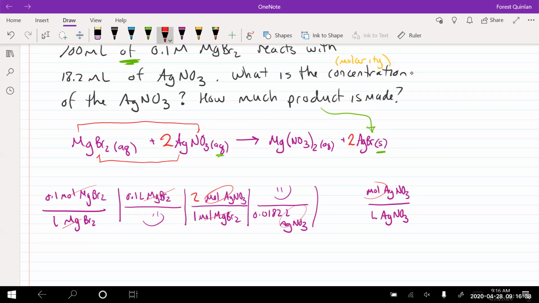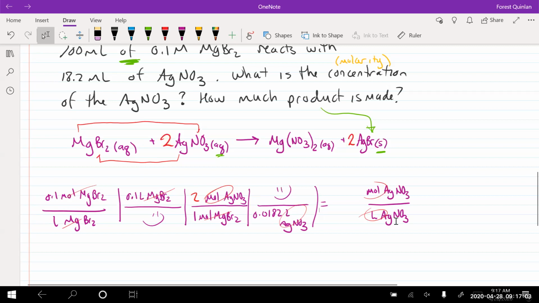And in the end, we have moles per liter. Again, we went from something to mole to something. In this case, molarity. Getting rid of our volumes here leaves me at moles, then to moles. And at the end of it, we have moles over liters for our molarity.